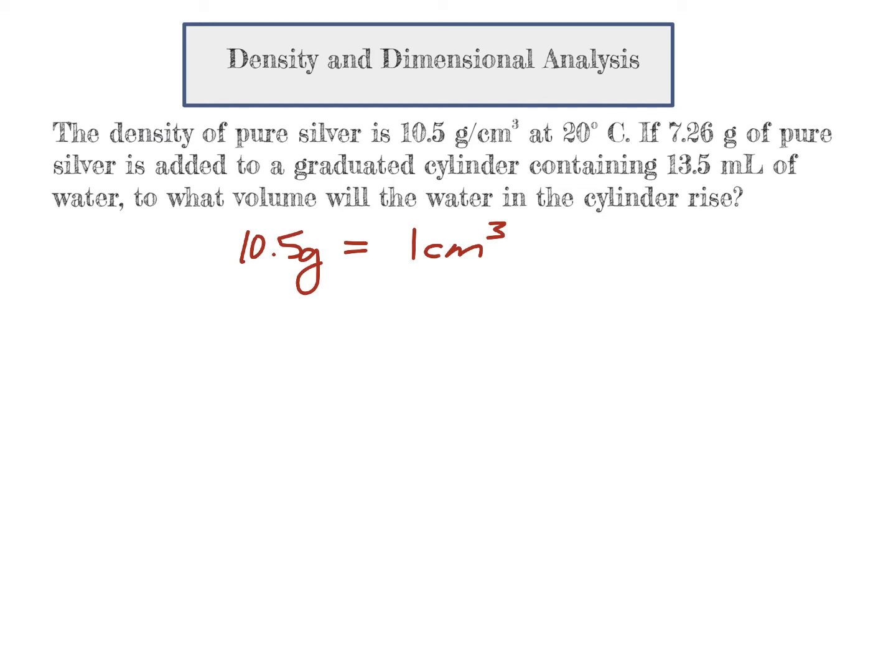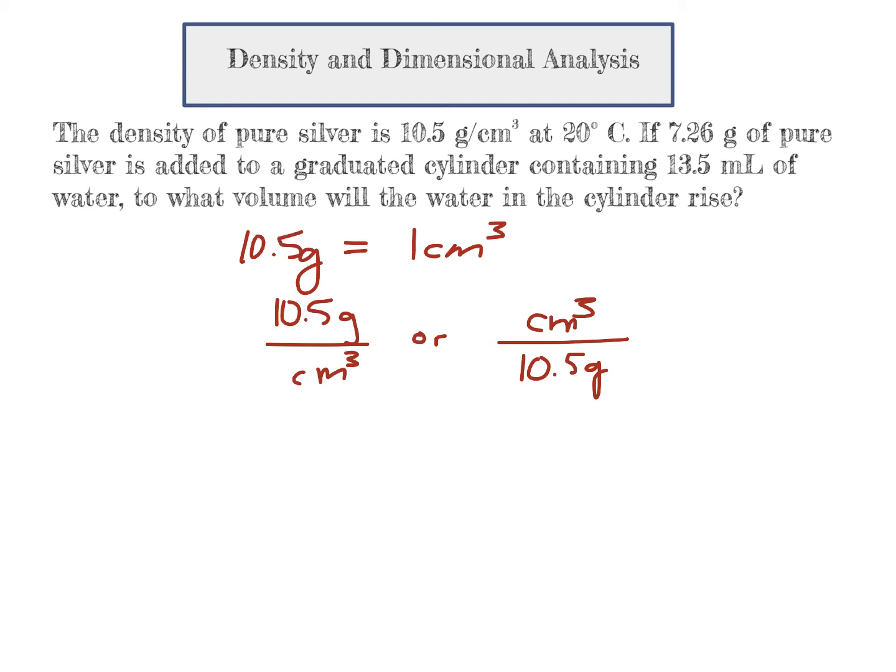So I can use an equivalency, like a fraction in my dimensional analysis, of either 10.5 grams over 1 centimeter cubed, or I can also use this, if I need to get rid of grams later, as 10.5 grams per centimeter cubed, but upside down. Since these two quantities are the same thing with different units, it doesn't matter if I have the numbers and units on the top or the bottom.